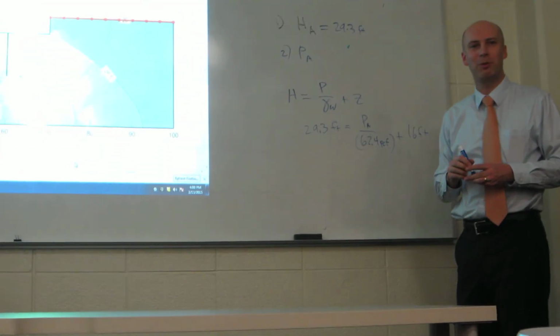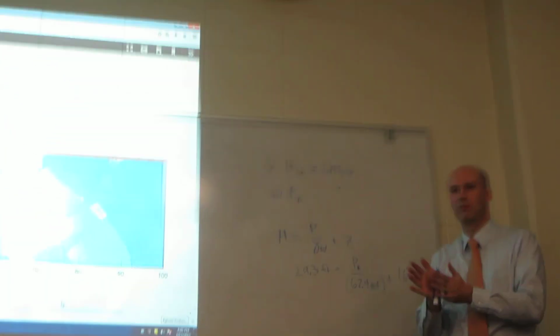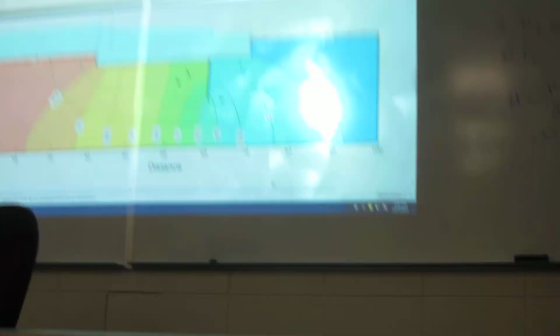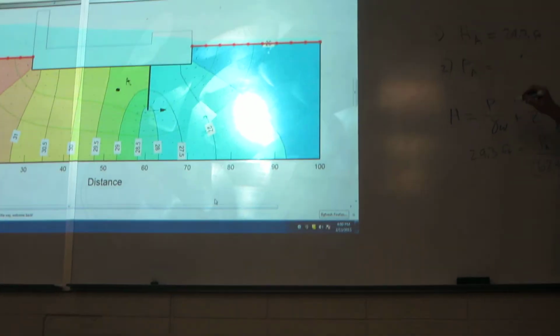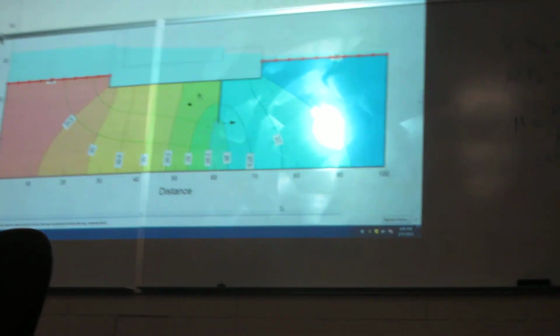Want to punch that out for me? So this minus 16 times 62.4. What is it? 829. 829.